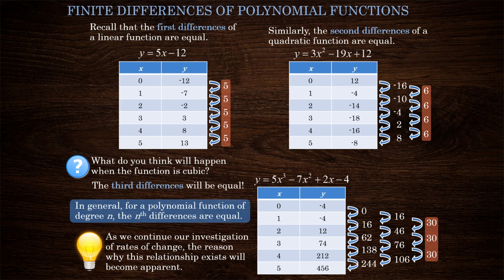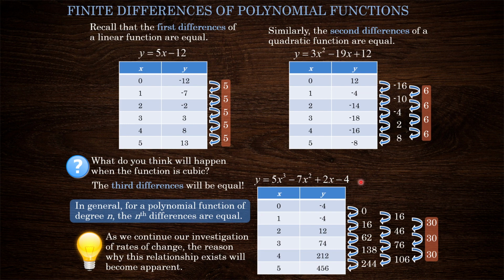And before we wrap up here, I'll just leave you with one more thing to think about just for fun. And that is, in our last example, could we have predicted that the third differences would have a value of 30 just using the function's equation? In general, could we figure out what the constant difference for any polynomial function would end up being just using the equation?